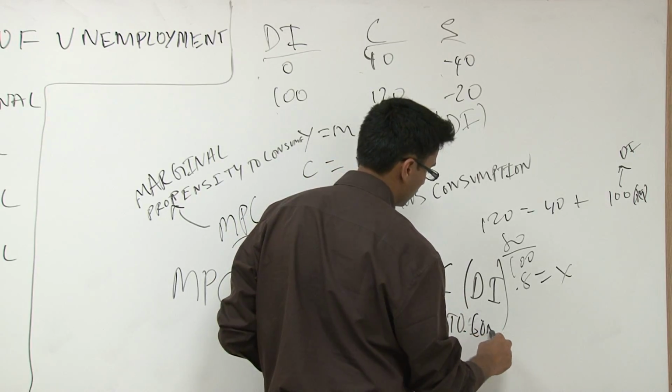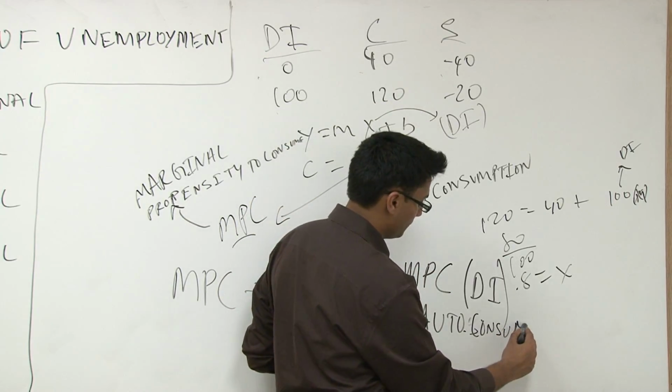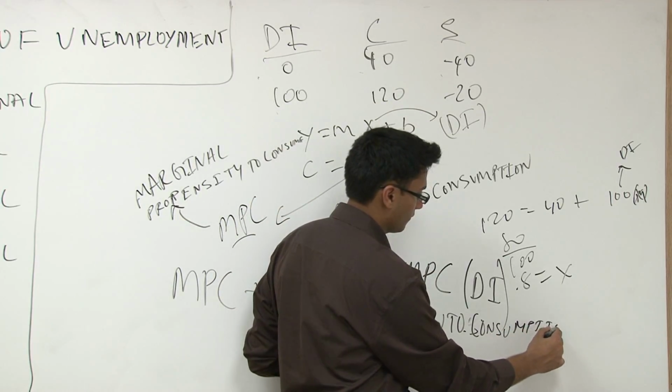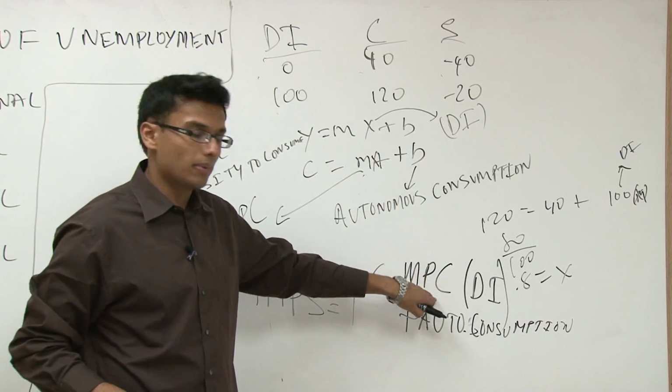Autonomous consumption. So consumption is equal to marginal propensity to consume times disposable income plus autonomous consumption.